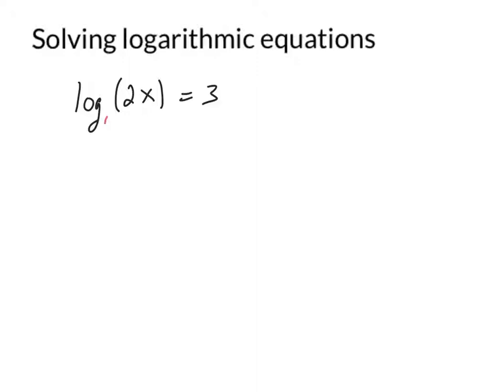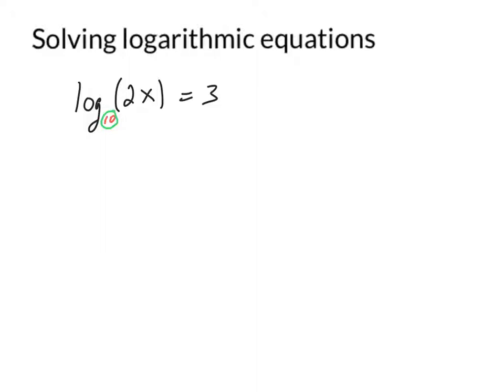Right now, I'm going to put this little 10 here to remind us that log of 2x really means log base 10 of 2x is equal to 3. And the first step that I'm going to take here is I'm going to use the snail. The snail is the definition of the logarithm, and making the snail just helps us remember where everything goes. I'm always going to start down here with my base, at 10, and I'm going to change the form of this equation.